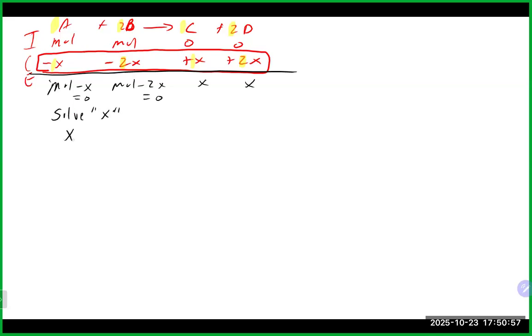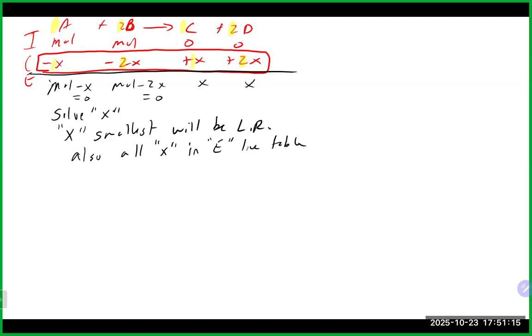And whichever x is the smallest when you do that will be your limiting reagent. And it will also be all the x's in the equilibrium line of the table. So once you find out for x, it'll be this x, this x. So that would be 2x if I copy that down right. It would be that x, and it would be that x as well.